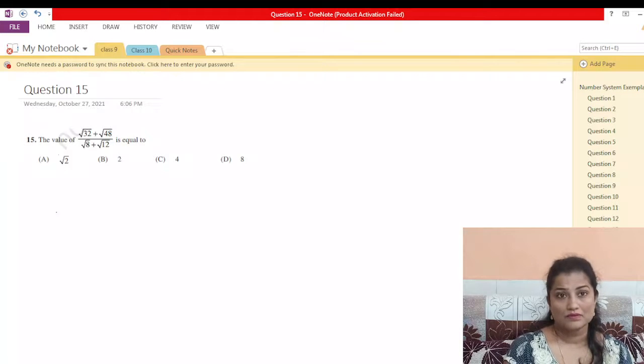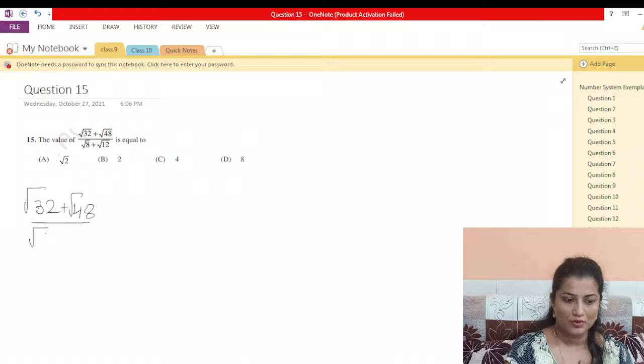Now see, while solving such sums, we should target to simplify them. For simplification, we will simplify the entire term first and then we will rationalize if it is needed. If it is not needed, there is no point in rationalizing. So first we will write the question here: root 32 plus root 48 divided by root 8 plus root 12.